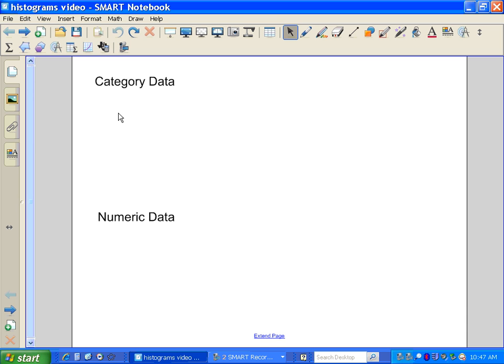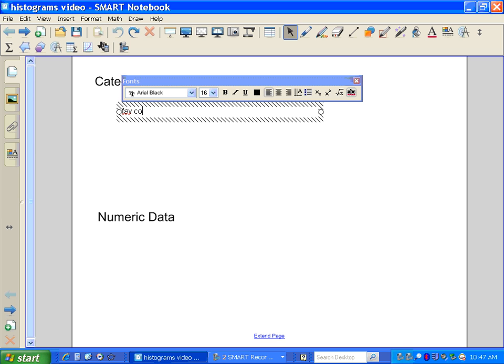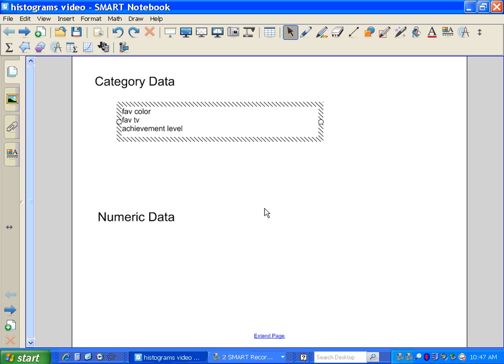So we're talking about things like your favorite color or your favorite TV show, or maybe like we were looking at in class today, the achievement level of your NCAT scores.